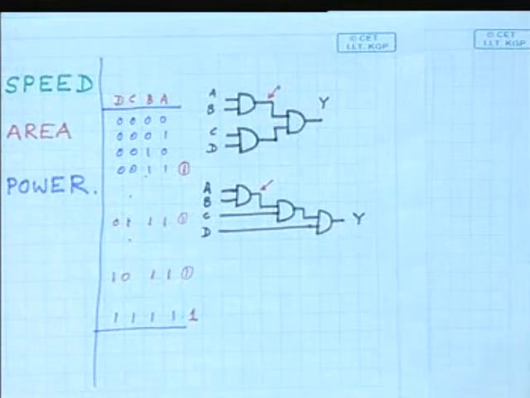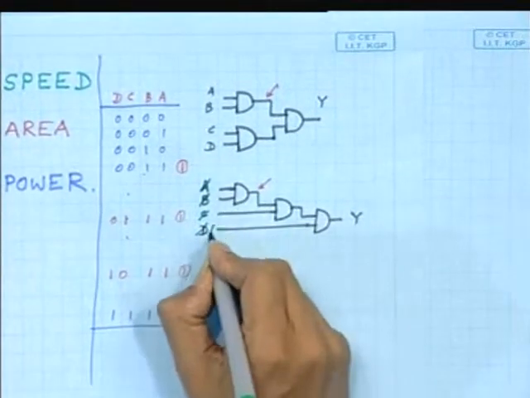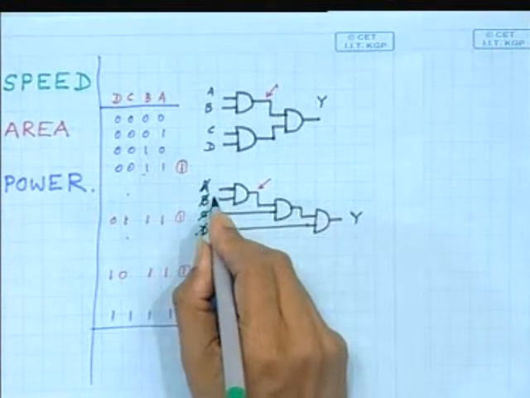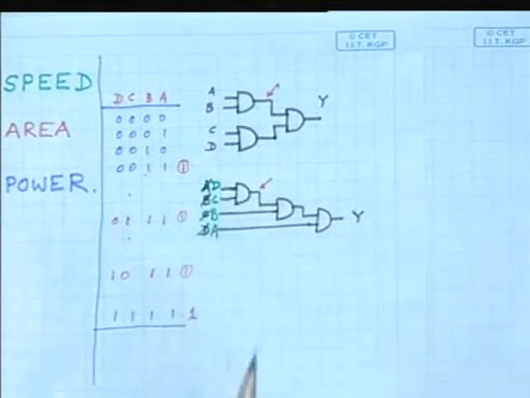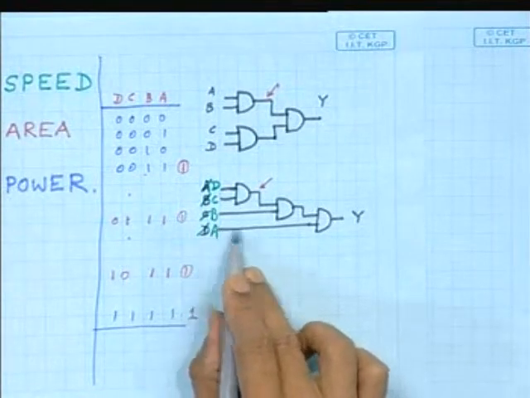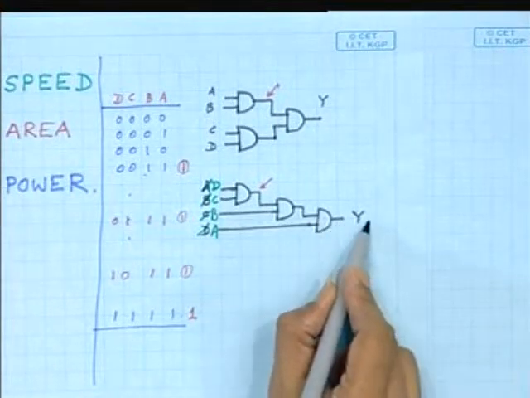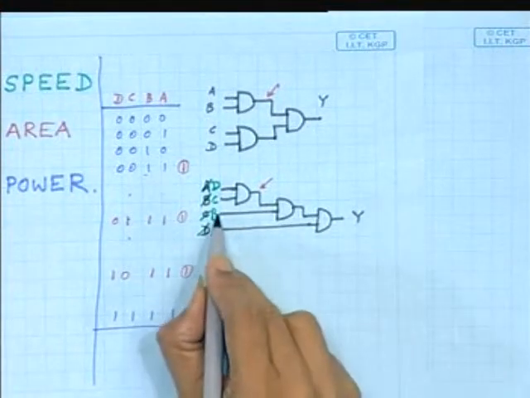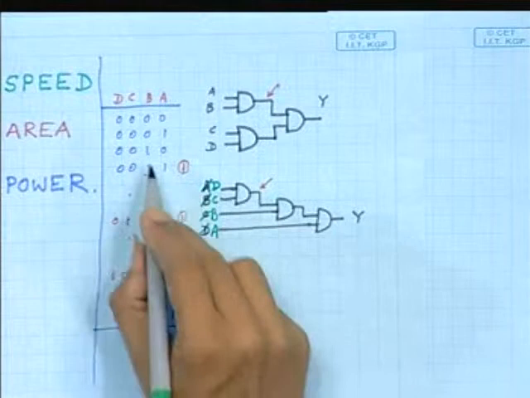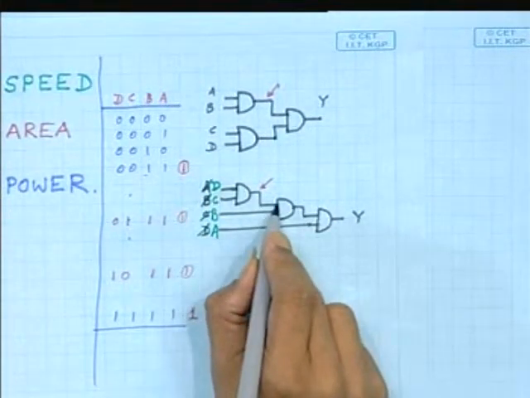But if you can change the order, that rather than putting ABCD in this way, if you put A here, B here, C here, D here, then what will be the situation? Because A is changing many times, but unless this input is 1, the output will not change. So now this was changing 4 times, or rather 8 times I think, here it will not change.